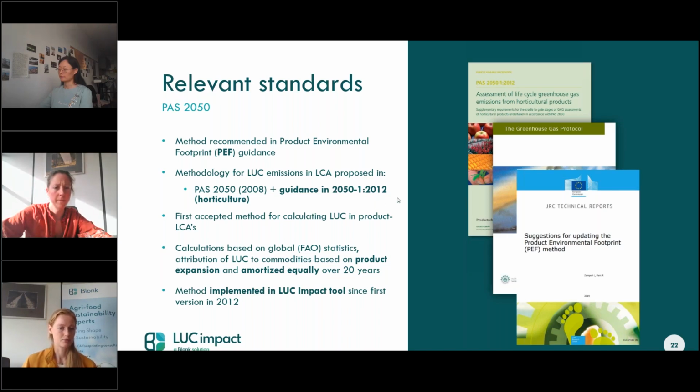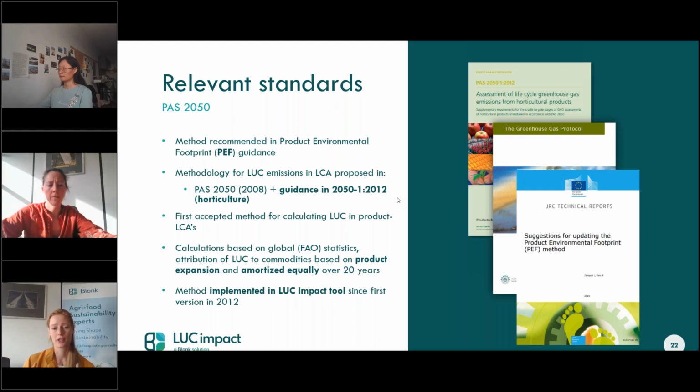And this methodology specifies in quite a lot of detail which steps you need to take to account for statistical land use change if there is no better data available. Of course, it's always preferred to use direct land use change, so really obtaining this geospatial data of your plot and calculating the actual land conversions that took place.